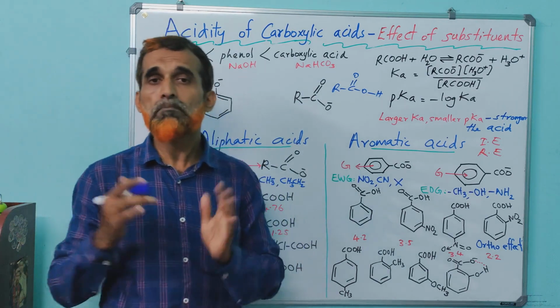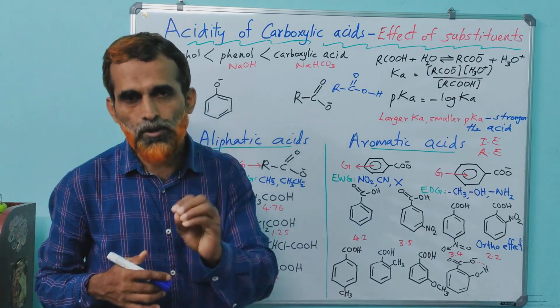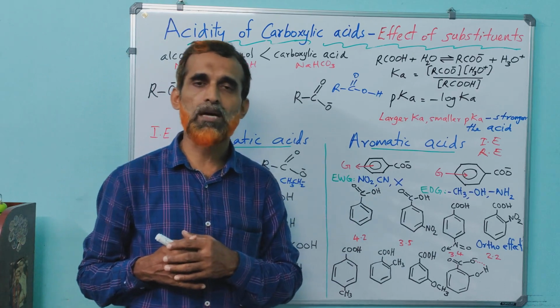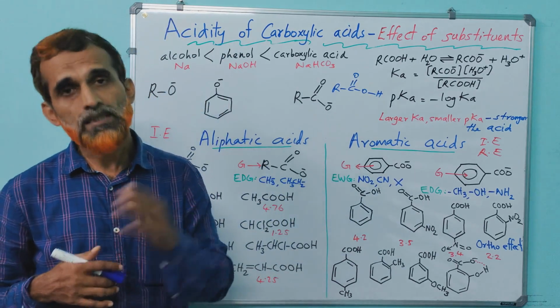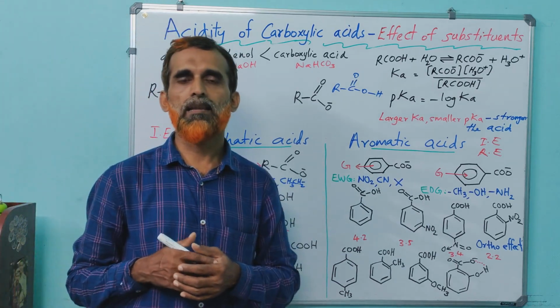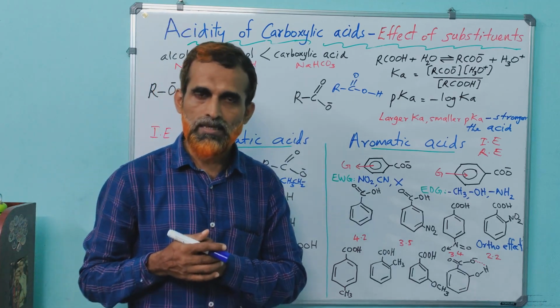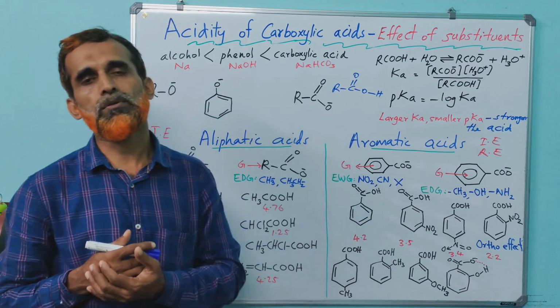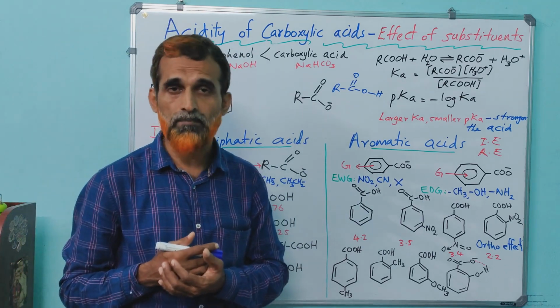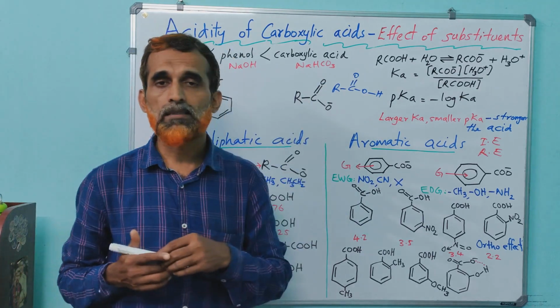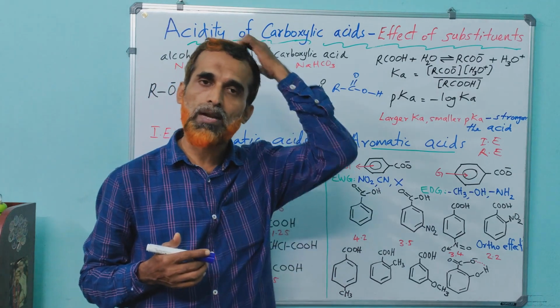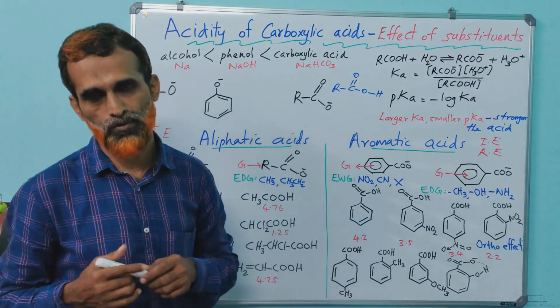Second point is regarding boiling point. Boiling points of carboxylic acids are found to be much higher than alcohols of comparable molecular mass. And this is again due to hydrogen bonding. In carboxylic acid, there is a greater extent of hydrogen bonding than in alcohol.